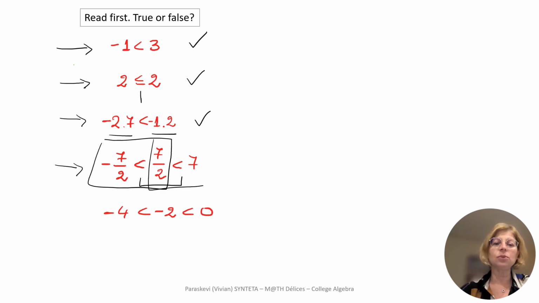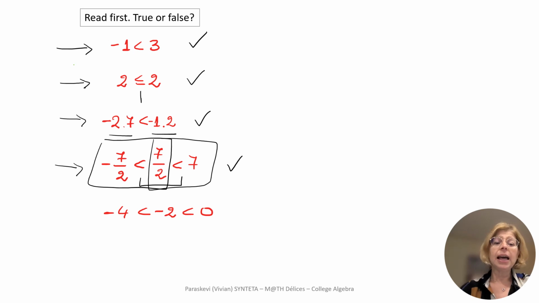And then let's see the second pair. 7/2 smaller than 7. Indeed, we don't need a calculator because 7/2 is 7 divided by 2, so it's half of 7. So indeed, it's smaller than the full 7. So this is true because all of those inequalities are true.